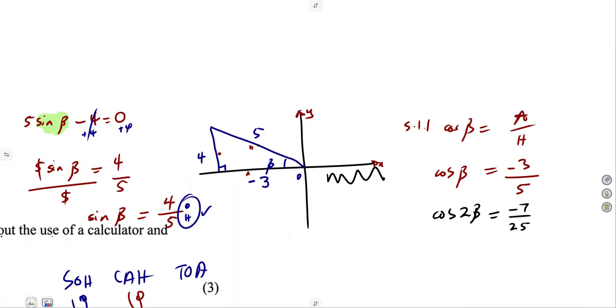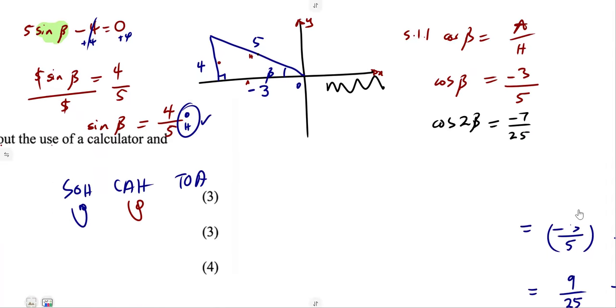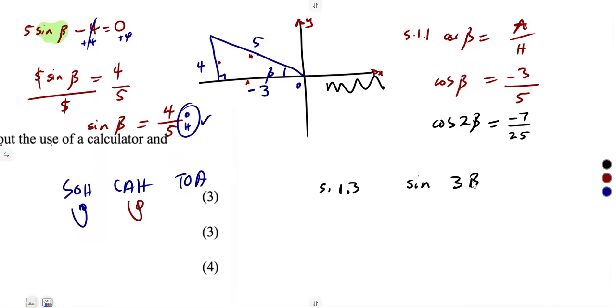Just like the previous case, we're going to try to expand the sine of 3 beta as we are given on question 5.13. The 3 beta can be expanded as 2 beta plus beta so that we form a compound angle.